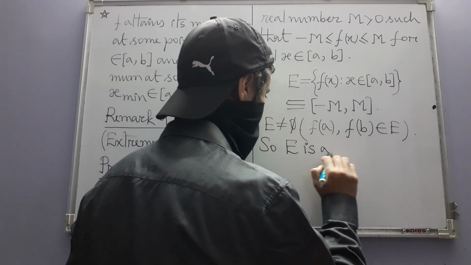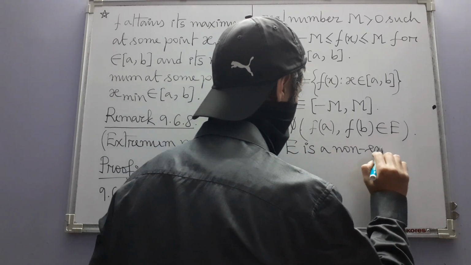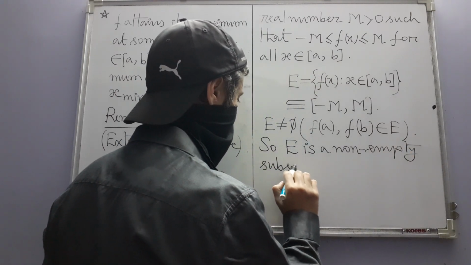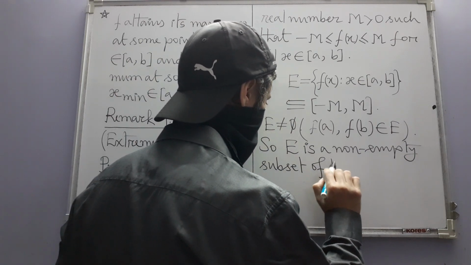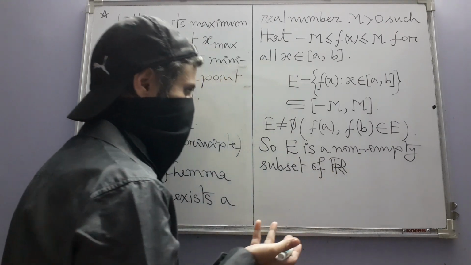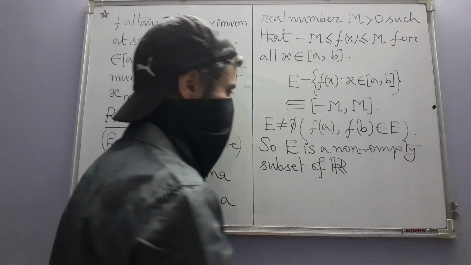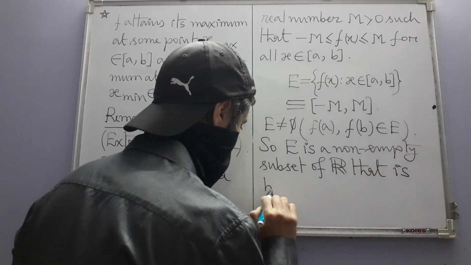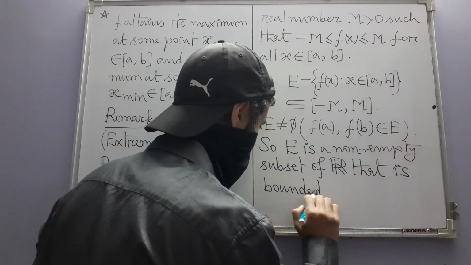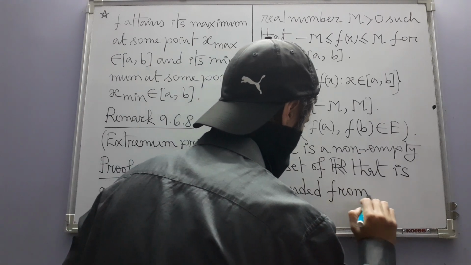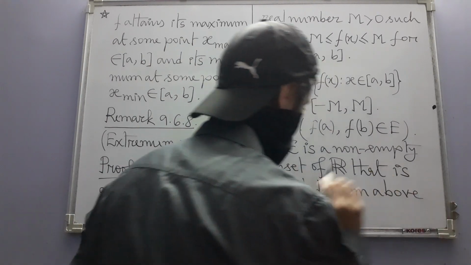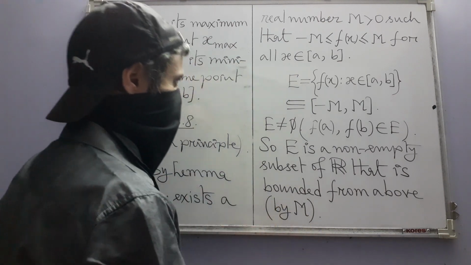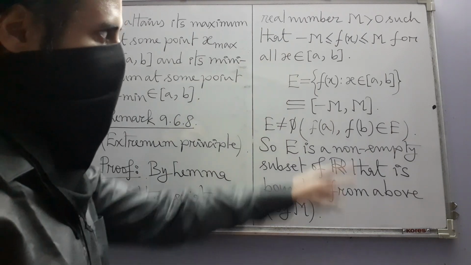E is a non-empty subset of R, R because after all everything is happening inside R, that is bounded from above by M. M is an upper bound for E because of this thing.